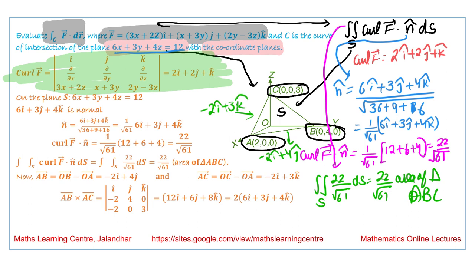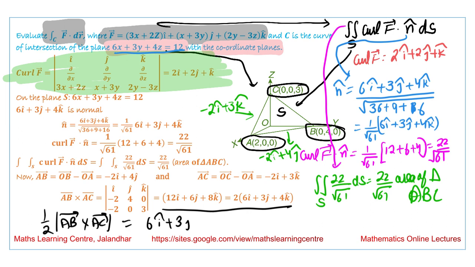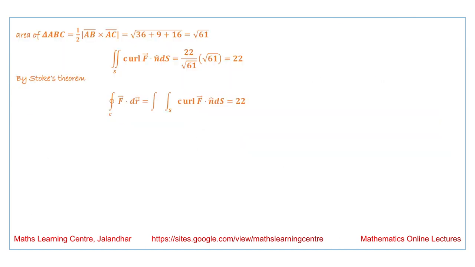So the area of this triangle is half of the mod of AB vector cross AC vector. The value we obtain, look at this calculation over here, we get 6i cap plus 3j cap plus 4k cap mod. On solving this, the value we obtain is equal to root 61.